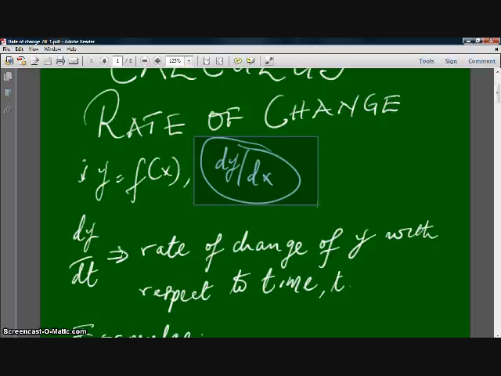At this level, once the word rate is mentioned, we expect to see time. For that reason, I will give another definition: dy dt can be defined as the rate of change of y with respect to time t. So we're going to be using this definition often.